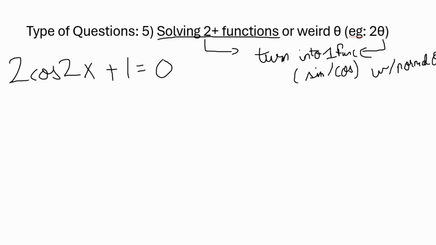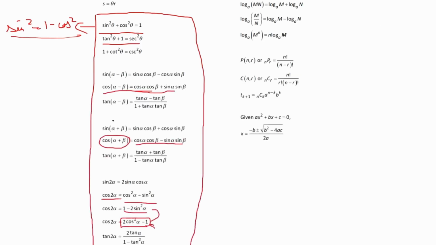Okay, and for the last question, 2 cos 2x plus 1 equals 0, it's the other variation where it's a weird angle, like a 2 theta, and you're trying to turn it into one function. Like I said, this would turn it into two functions, so that's out of the ballpark.